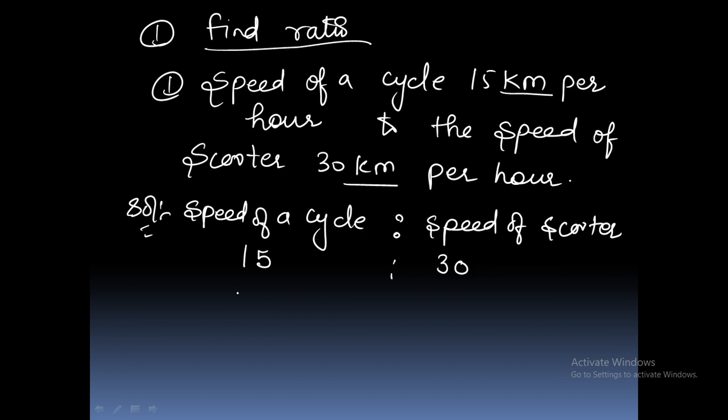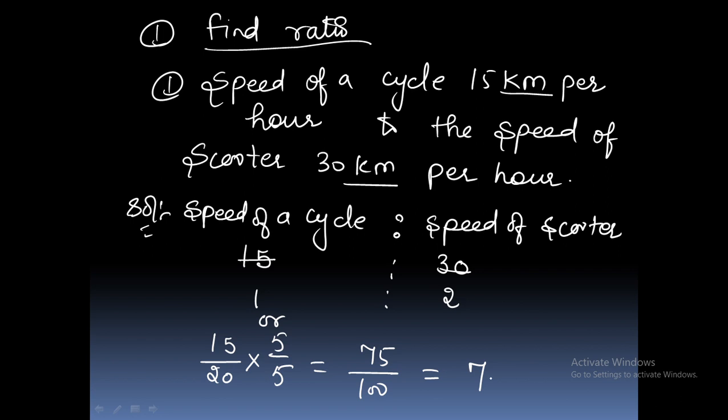Now you can directly cut here. 15 ones are 15, 15 twos are 30. Or you can do like this, 15 by 20 and make the denominator 100 by multiplying by 5, because 20 multiplied by 5 is 100, 15 fives are 75.